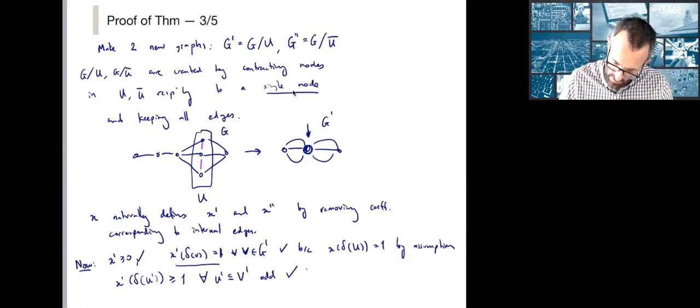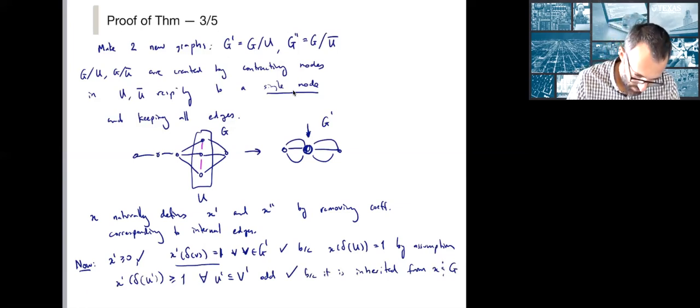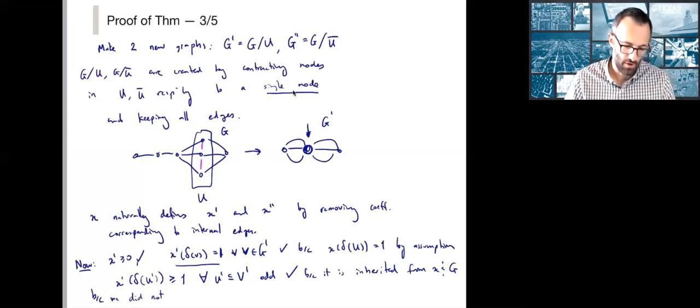It also holds because it is inherited from X and G, because we did not change the parity of any subset.